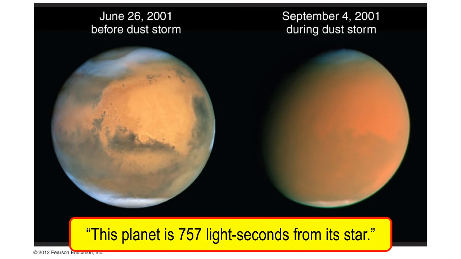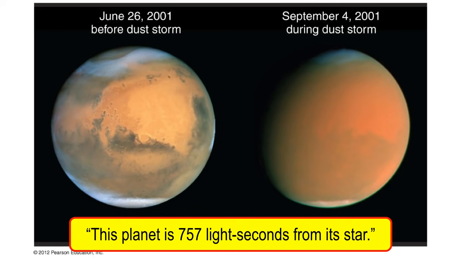This is the first picture here on the left, June 26th. That's like Mars having a fairly clear day. You can see the ice caps, and you can see the plains, and you can see the Valley Marineris, this big kind of sideways gash.